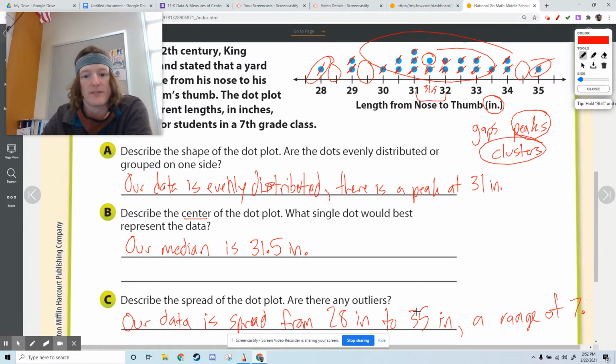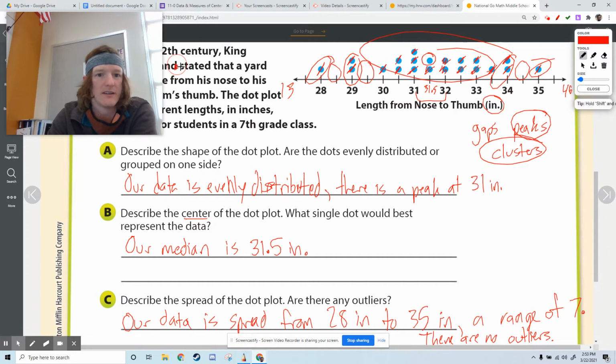Because 35 minus 28 is 7. And we're going to also mention there are no outliers. 28 is pretty close to 29. 35 is pretty close to 34. If there was like a 46 here on the end, that's probably going to be an outlier. Or like a 13 over here on this end, way over here, that'd be an outlier.